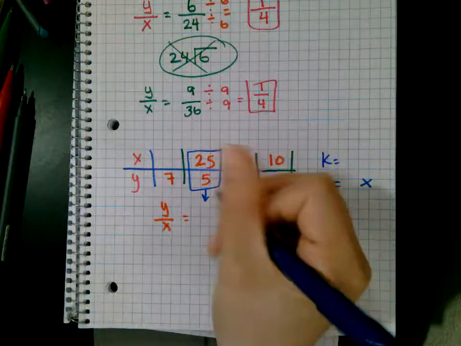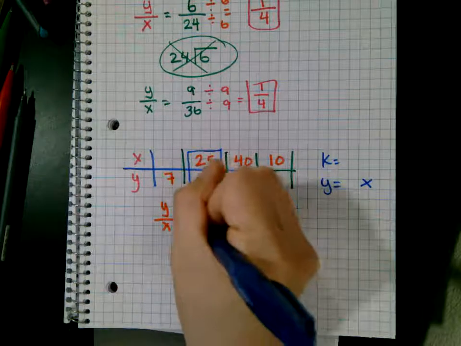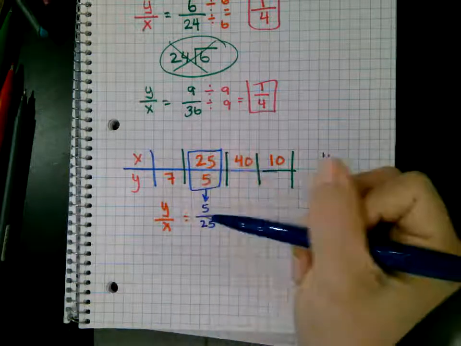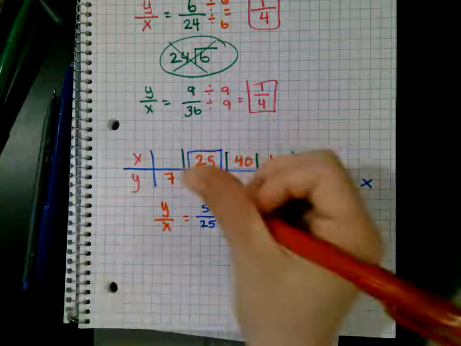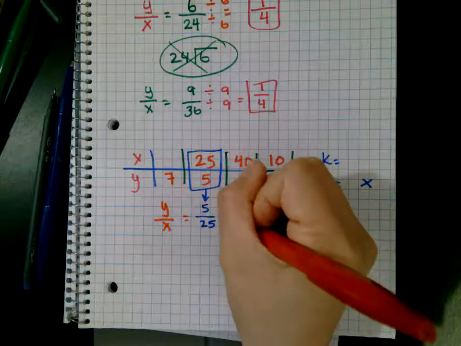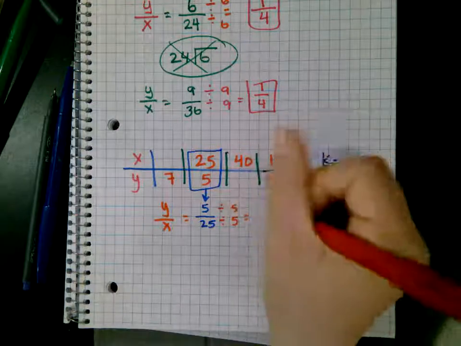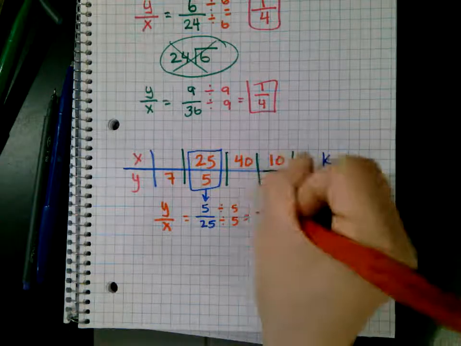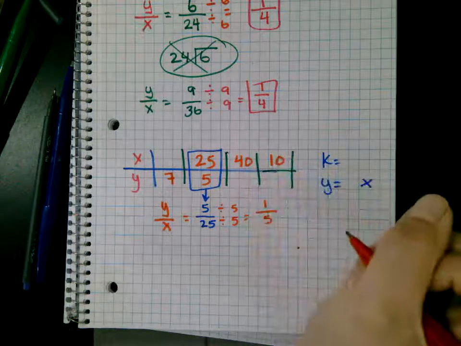My Y is 5, so it goes on top. My X is 25, so it goes on the bottom. I have 5 over 25, which does not equal 5. You're going to simplify this by dividing by 5. 5 divided by 5 is 1. 25 divided by 5 is 5.